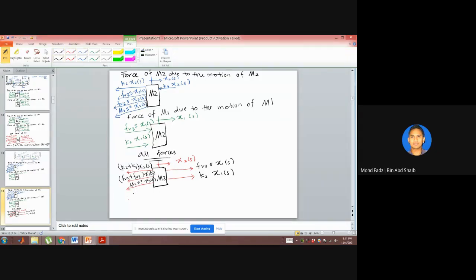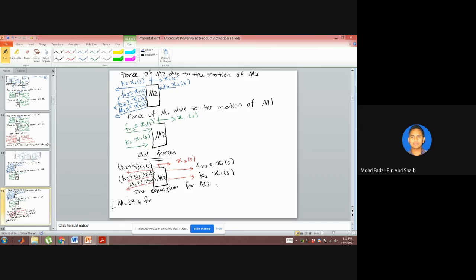So the equation for M2 is, okay, we have M2 s square, right? Plus FV2.